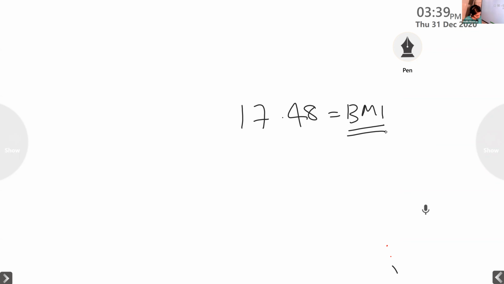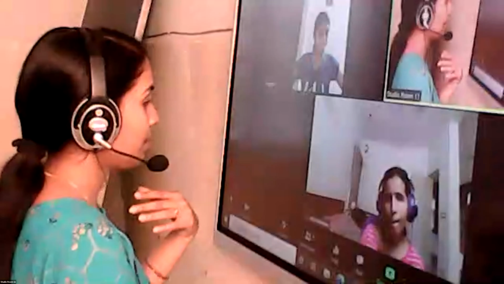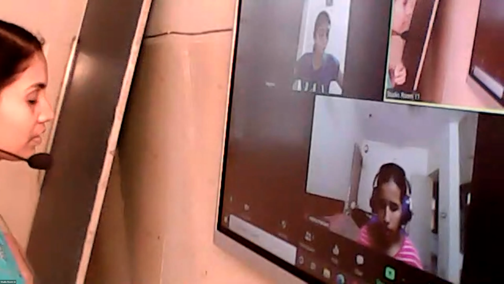Refer to the table in 342 and check the category, is it underweight, normal, overweight or obese. 17.48. Reina, check.